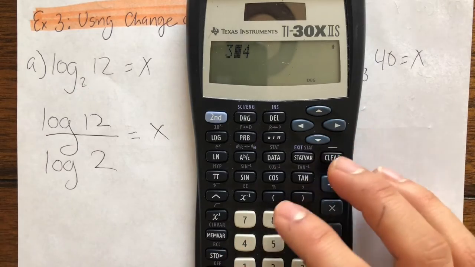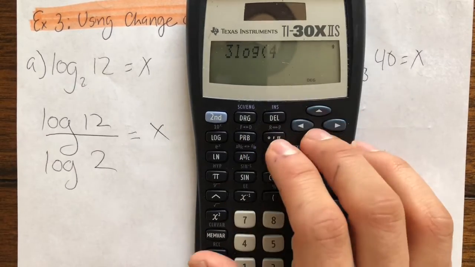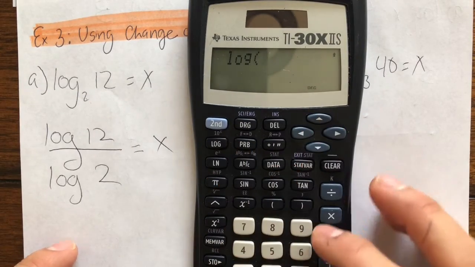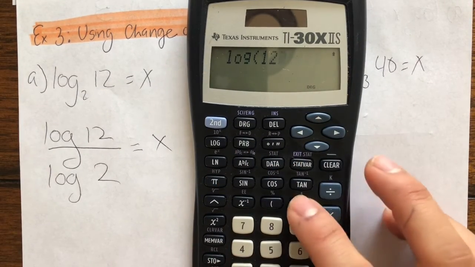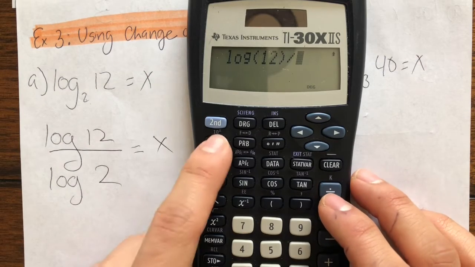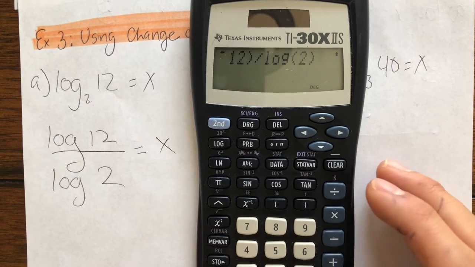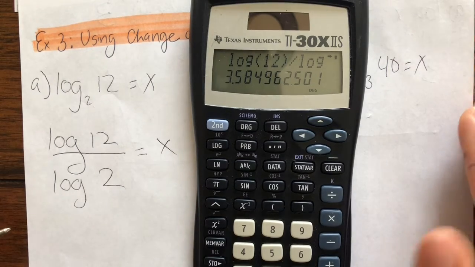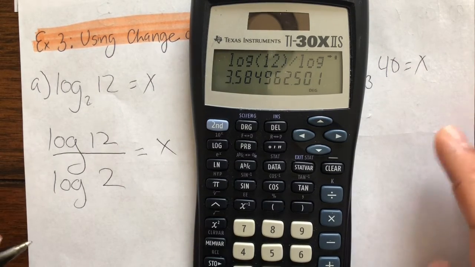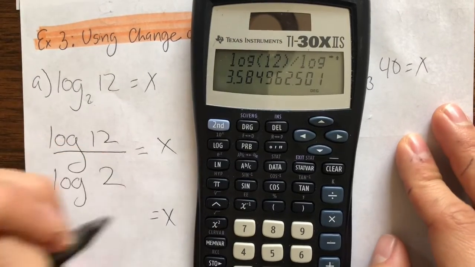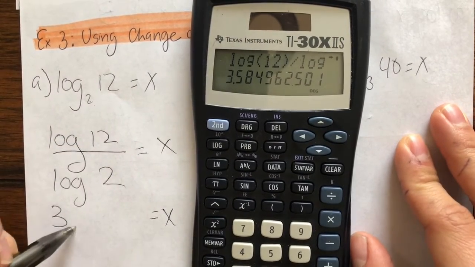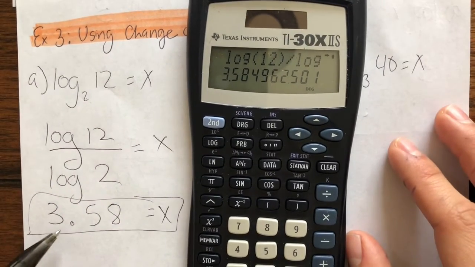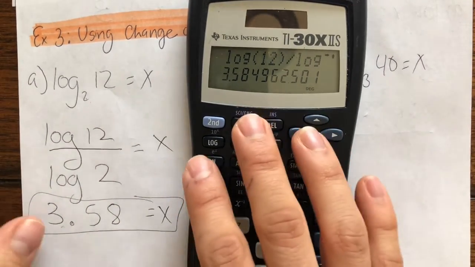So we have log of 12 divided by log of 2. We're just going to round to 2 decimal places, and that gives me 3.58. So x equals 3.58. This would be my final answer for part A.